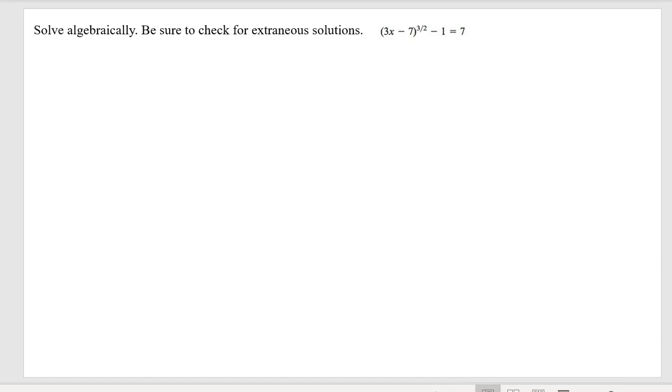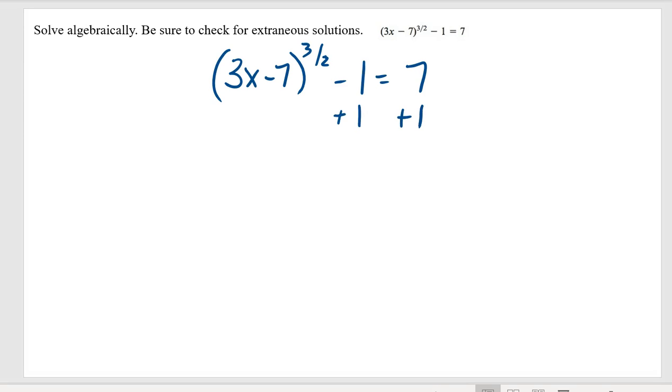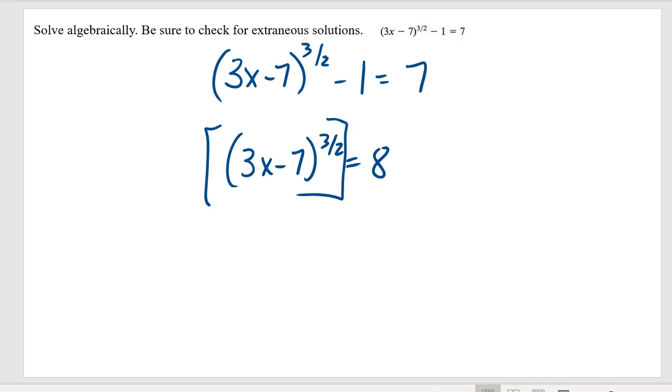My next problem has a fractional exponent of 3/2. Before I can do anything, I have to get my fractional exponent expression by itself. So I'm going to isolate it by adding 1 to both sides. Now, when I have a fractional exponent, I can raise it to the reciprocal. So the reciprocal or flip of 3/2 is 2/3.